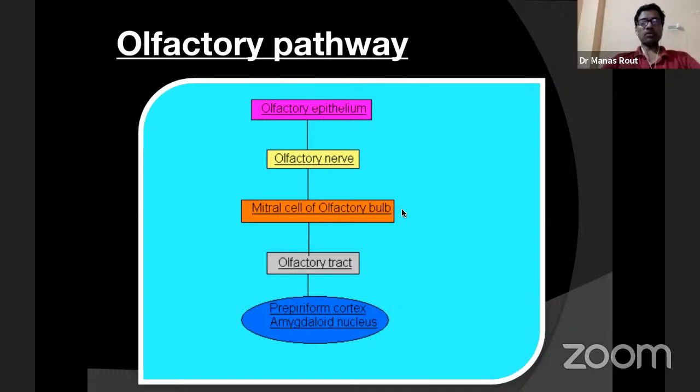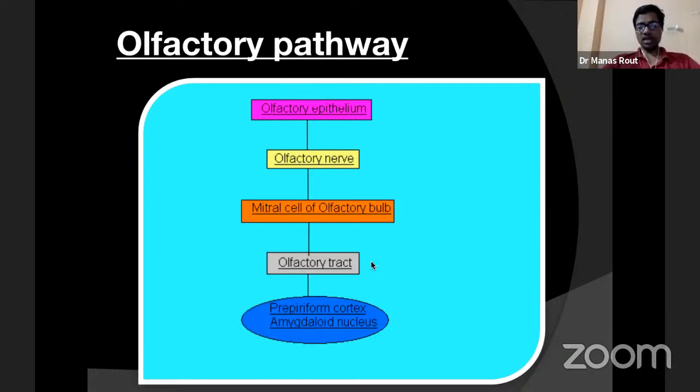The mitral cell body stays there, and after that the axons start again and go towards the olfactory area, and that is called the olfactory tract. All the axons of the second order neuron go through this, and they are represented at the prepiriform cortex and amygdala nucleus. So this is the olfactory pathway.